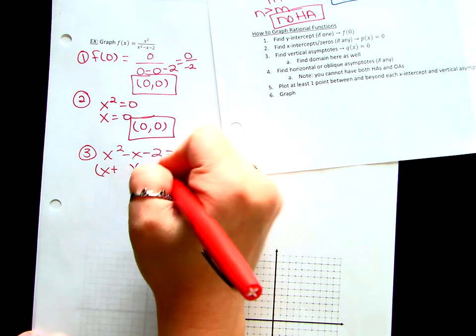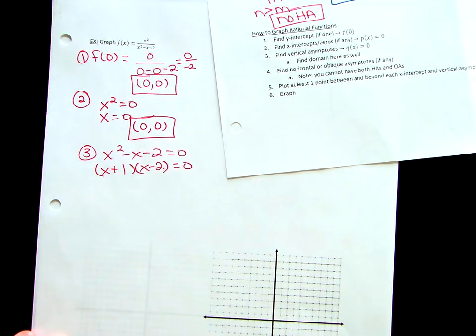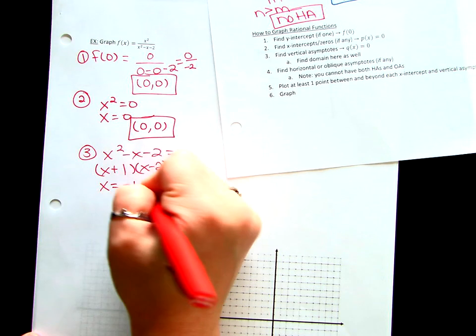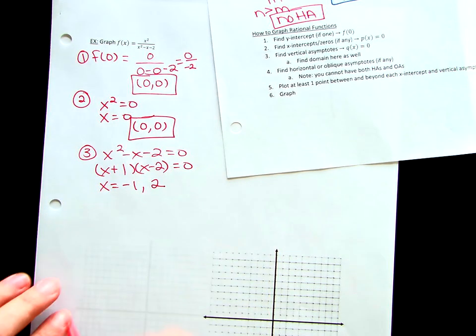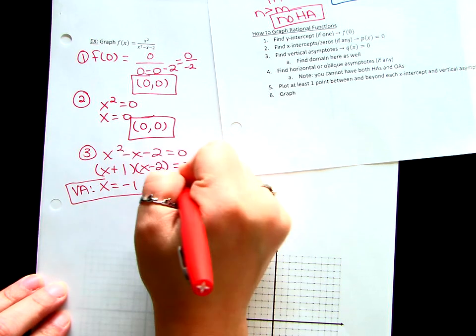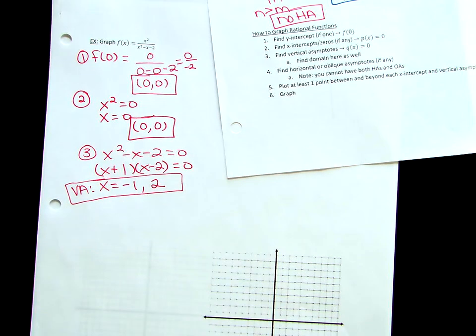It'd be negative 2 and a positive 1. So x equals a negative 1 and a positive 2. That's where my vertical asymptotes are going to happen. This is also where, if we were asked to find the domain, we could figure out the domain from that as well.